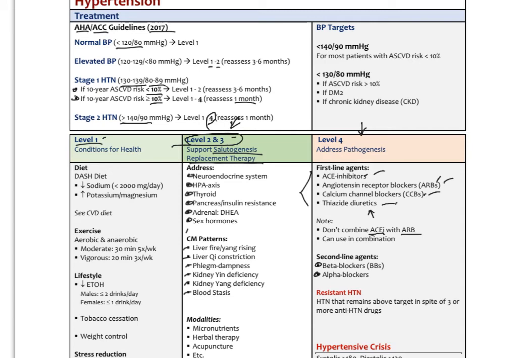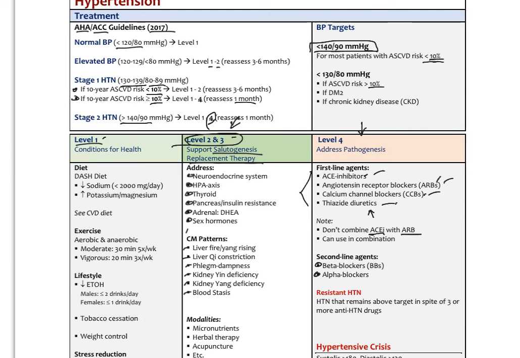Backing up here, I should say our BP targets for most patients with stage 2 hypertension really is not to get them down to normal necessarily. It's to get them under 140/90. For most patients with ASCVD risk under 10%, we're going to look at the 140/90.